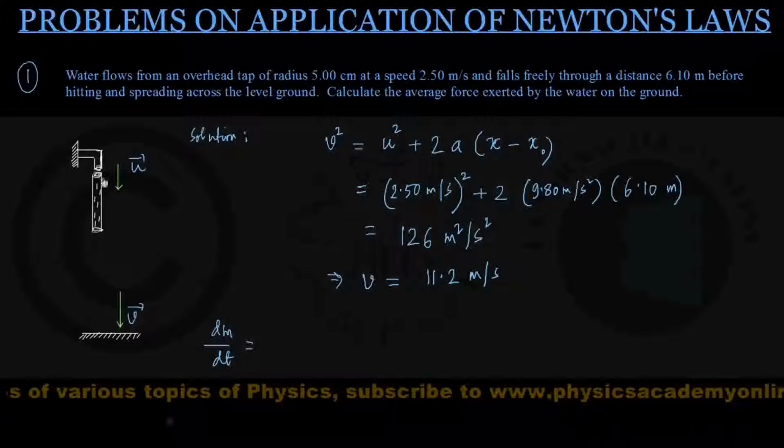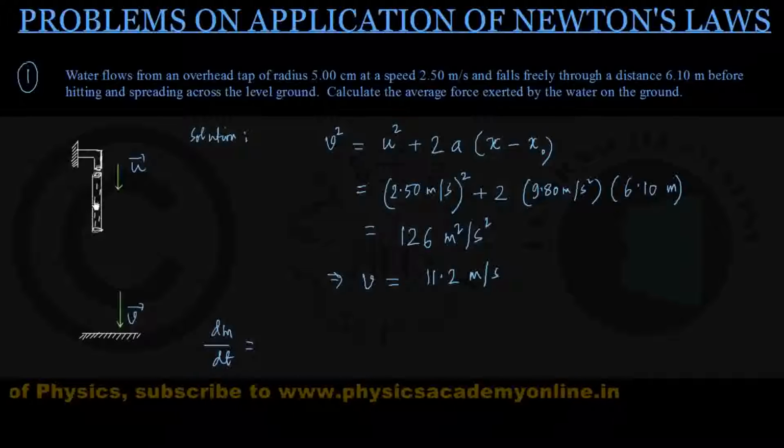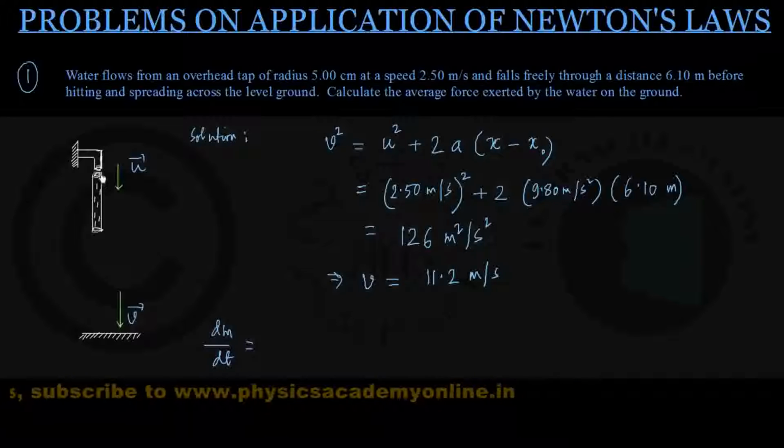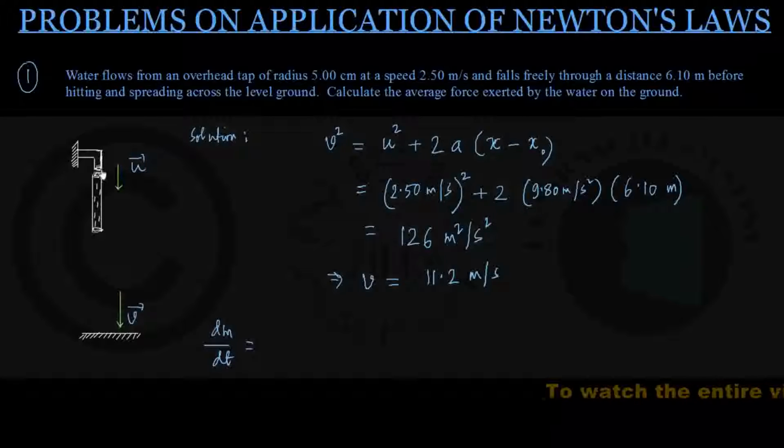Looking at the figure, you can see that as the water comes out, since there is no source or sink in the process, whatever water comes out from the jet per second, that is the same mass of water hitting the ground per second, because in the process of fall there is no loss or gain of water. So the mass of water hitting the ground is equal to the mass of water coming out of the overhead tap per second. They are the same things.